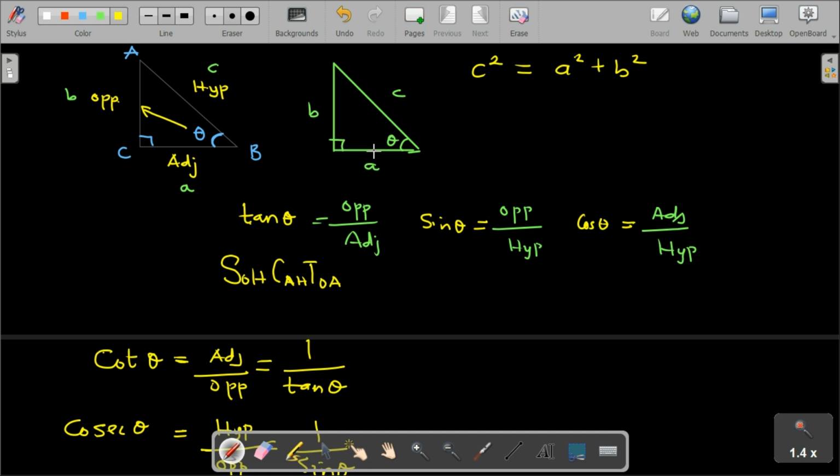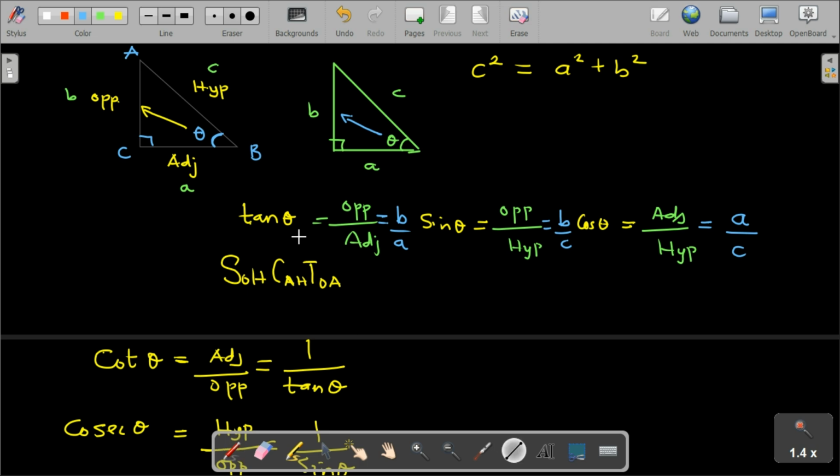Of course, we have already identified our opposite as being B, our hypotenuse as being C, and our adjacent as being A. In this case, tan theta is opposite over adjacent, which is B over A. Sine theta is opposite over hypotenuse, which is B over C, while cosine theta is adjacent over hypotenuse, which is A over C.